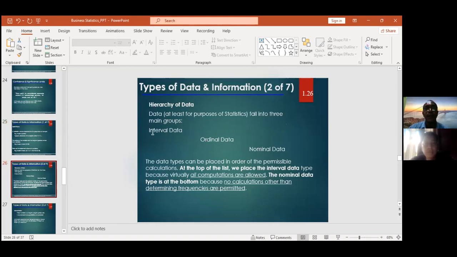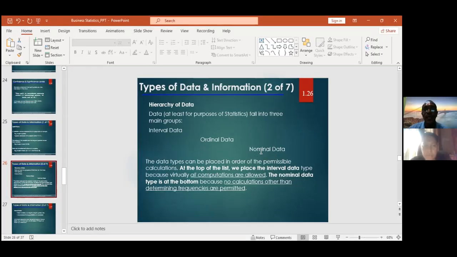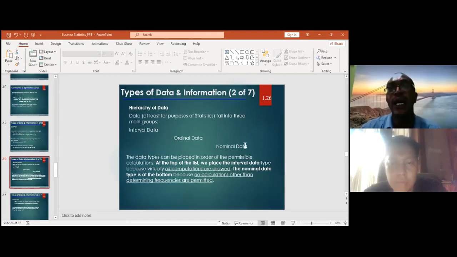If you look at these, they are arranged according to the order of importance. Interval data, you can do many things with it. It's the most preferred data, because you can do any type of analysis on it. The next important is ordinal data. Then the least important, also important, but in terms of ranking, is nominal data.